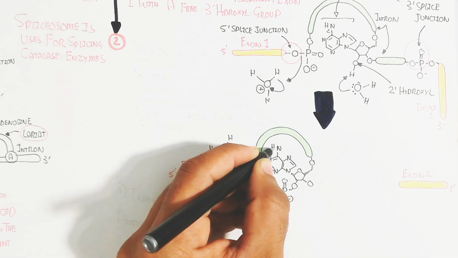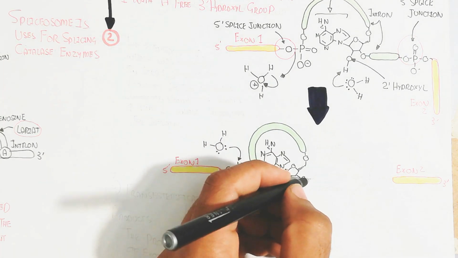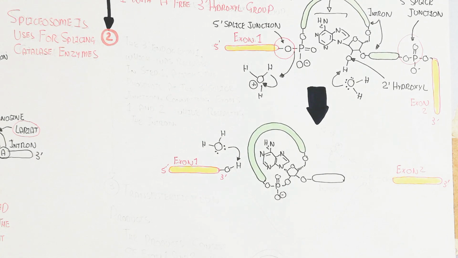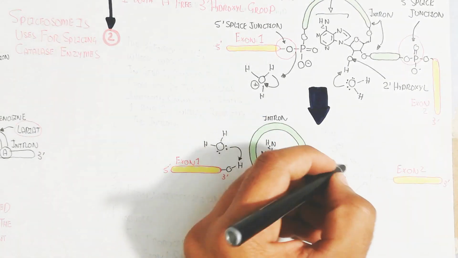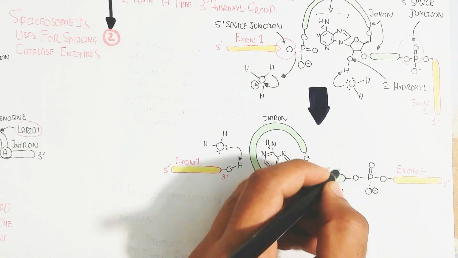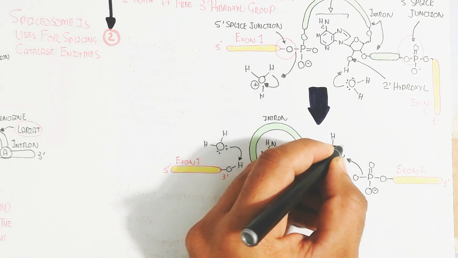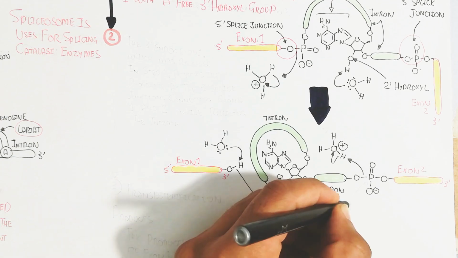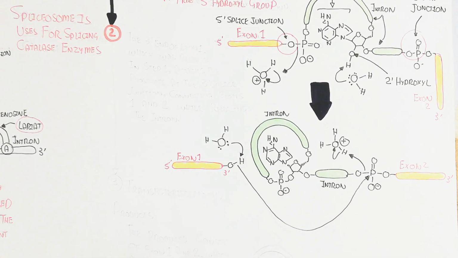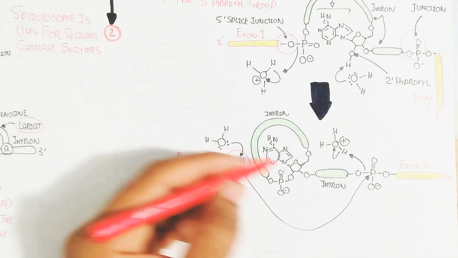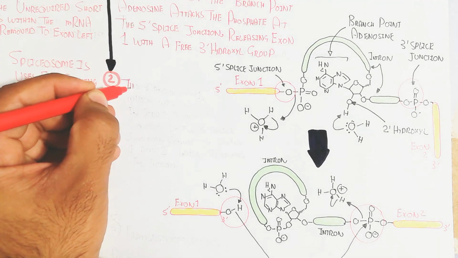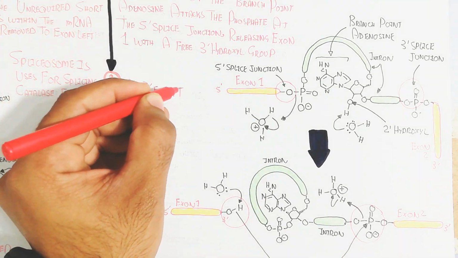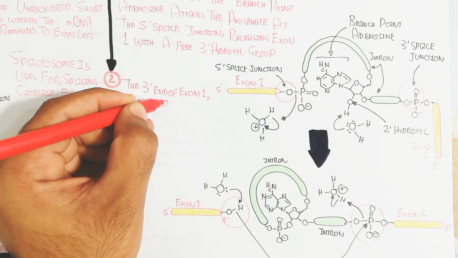adenosine basically here, and in this way the intron will be removed, and the adenosine combines together with each other in the form of the intron. This intron will be removed in this way, removing through exon 2 with the phosphate group. In this way the proton will be donated to the water, and here you can understand this is the reaction that will occur, and in this way the intron will be removed as a lariat.